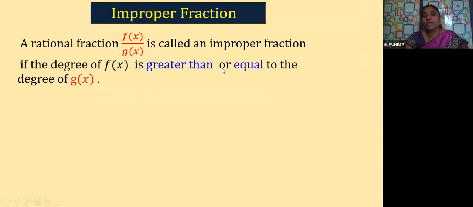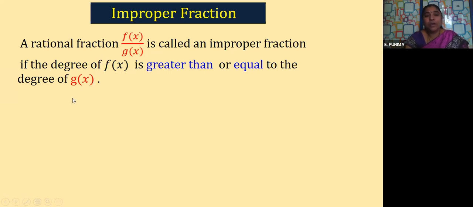Children, remember, these two cases are there. So if the degree of the numerator is greater than the degree of the denominator, it is called an improper fraction. Remember, I told you on that day. There is another case also. If the degree of f of x is equal to the degree of g of x, then also it is called an improper fraction, children.